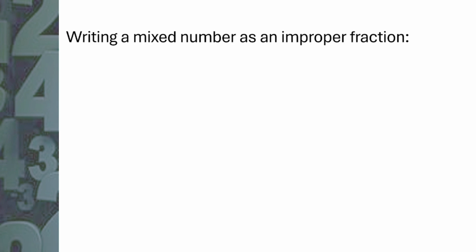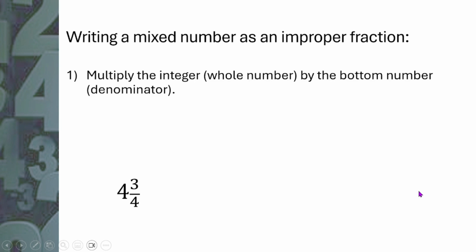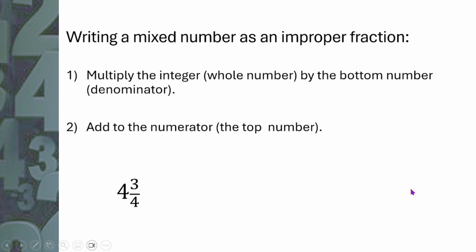Let's take a look at how we're going to write a mixed number as an improper fraction. Multiply the integer, that's the whole number, by the bottom number, that's the denominator. So in this case, it's the whole number 4 multiplied by 4, which is at the bottom of that fraction. And then we add it to the numerator, that's the top number.